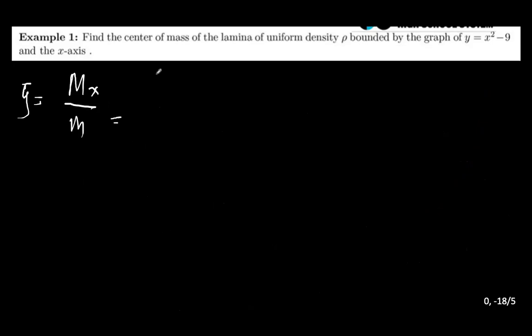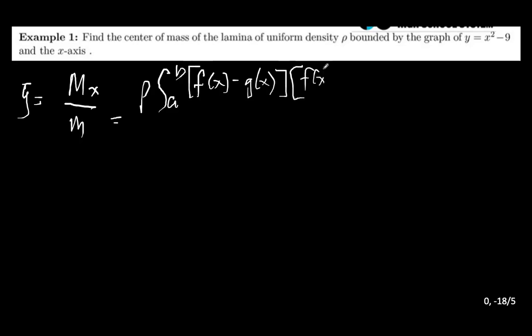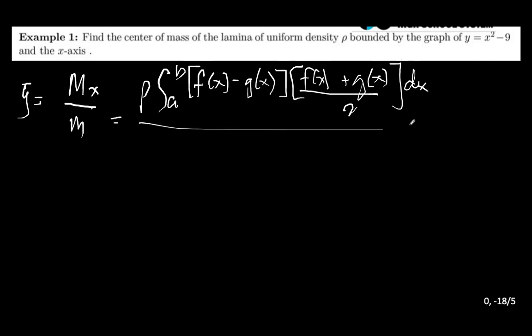The formula for this is rho, the integral from a to b of f of x minus g of x, which is the area, together with the dx, times f of x plus g of x all over 2, with respect to x, over the density times the integral from a to b of the area of the lamina, which is f of x minus g of x, the upper minus the lower, with respect to x.